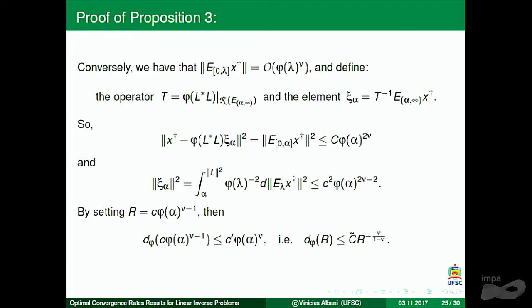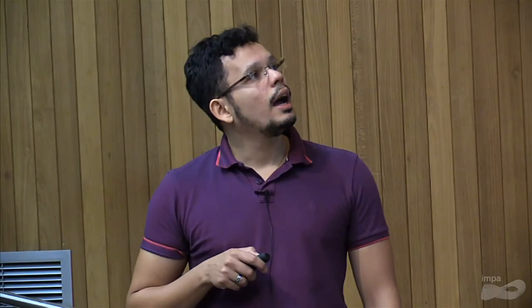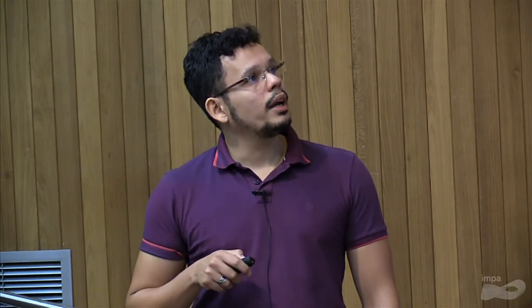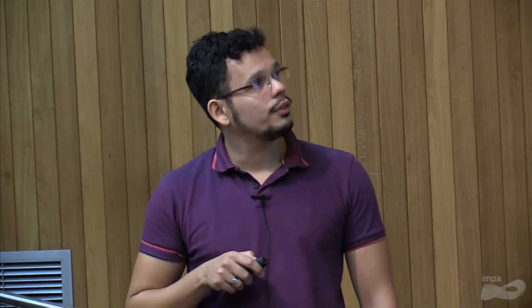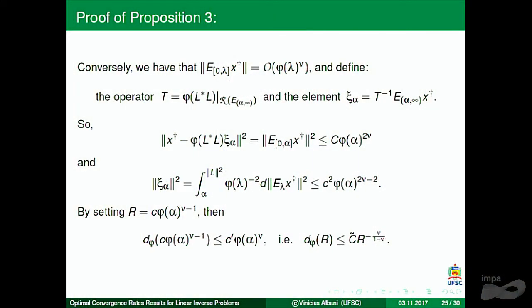We must prove that psi alpha is inside some ball with this R, and that this is dominated by this. So taking the supremum, it's greater than the supremum of this quantity in terms of psi, we have this estimate. And if we choose R as this, we have that psi alpha is inside the ball. So we have the second implication.